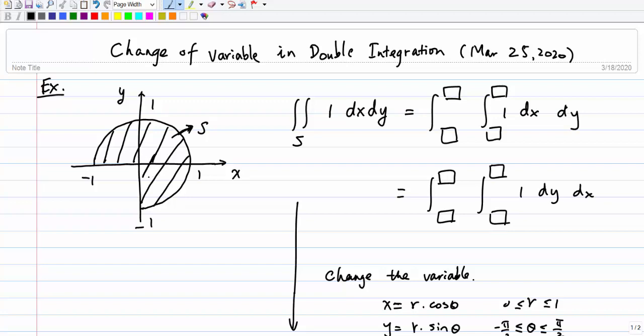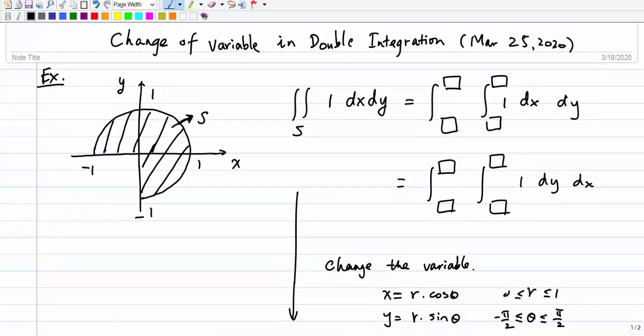For this case, although we can still use the method mentioned before to compute a double integration, it turns out that changing the variable used in the double integration can dramatically decrease the computational complexity. In some cases this change can be very efficient. So that's the reason we started the method called change of variable in double integration.